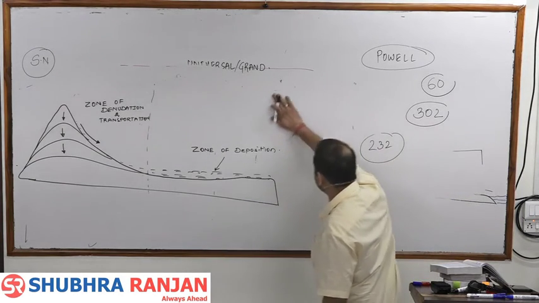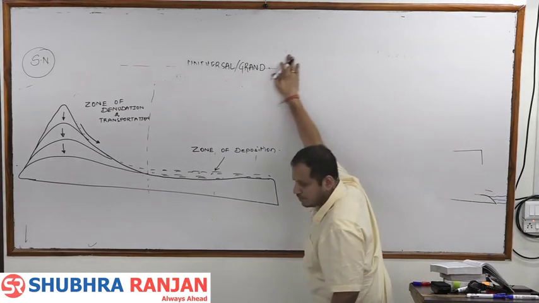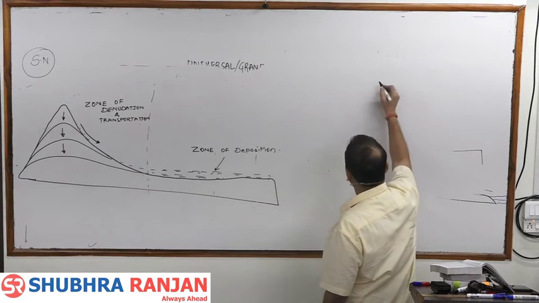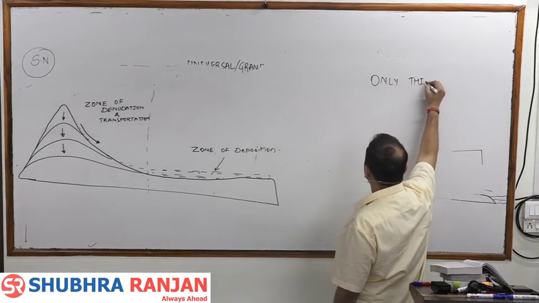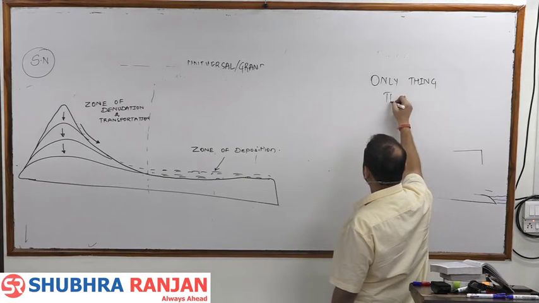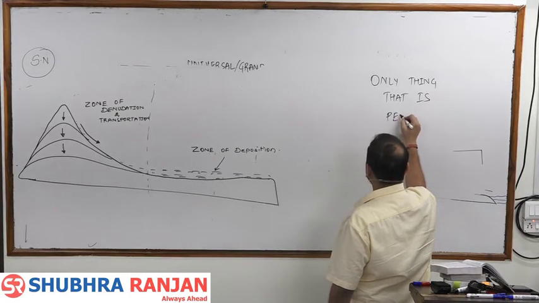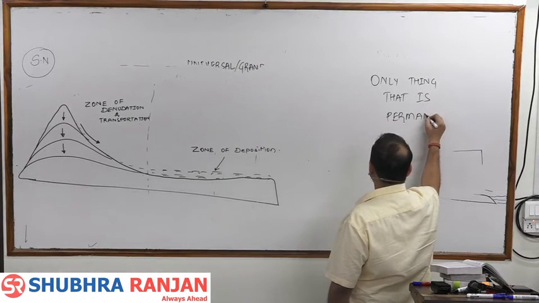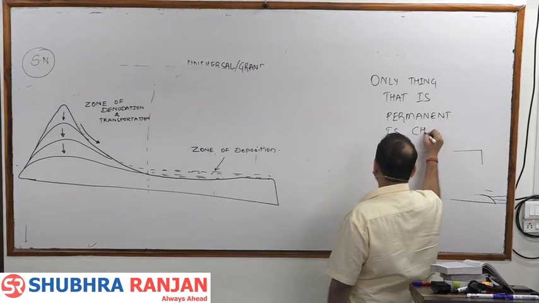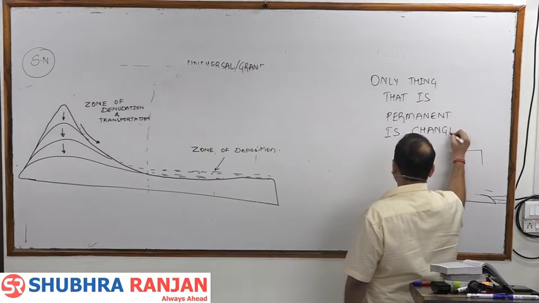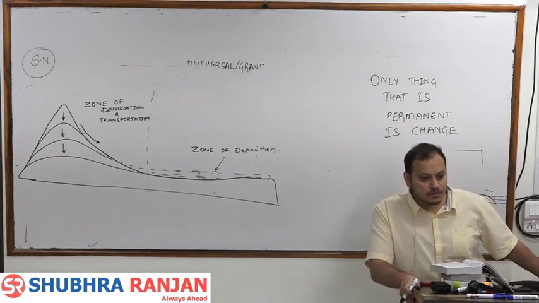In geomorphology, the law is: the only thing that is permanent is change. What is the law?